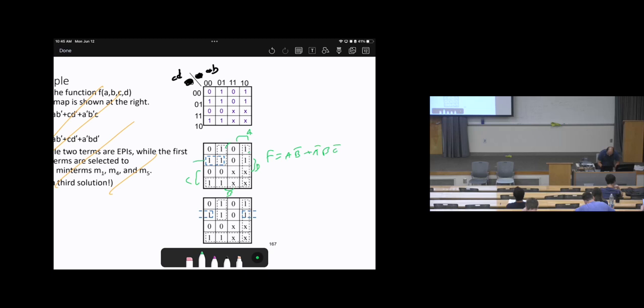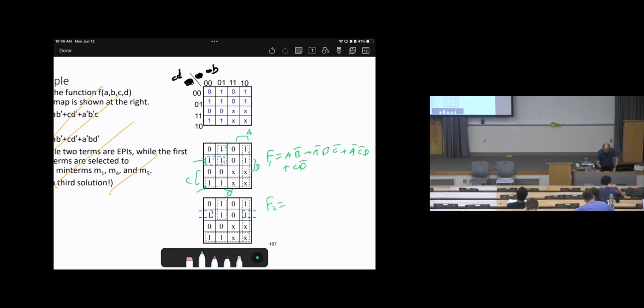Then how about this one? It will be within A bar, B is not an option, C bar, D. So 1, 2, 3, then the last one here, which is within C, D bar. This is for function number 1.